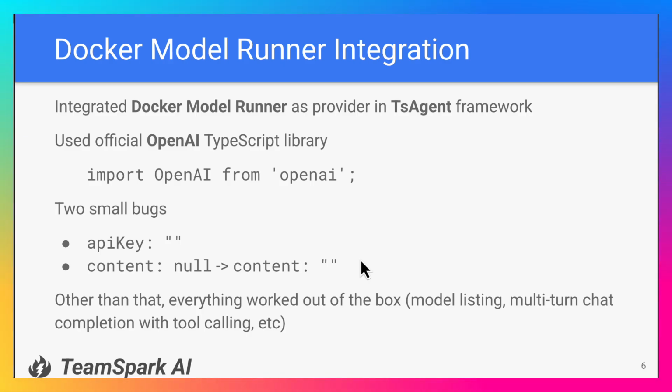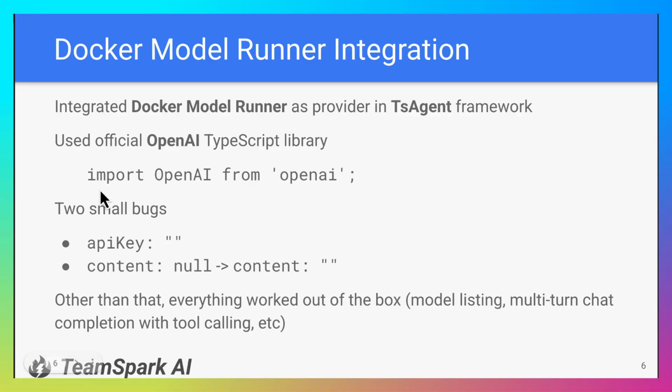Oftentimes they don't, especially with the smaller models. But in this particular case, the model returned content null, and when we piped that back into the conversation history, the model blew up because it can't handle null as a content value. So that's a little bit of an odd API implementation, that it emits something that it can't accept as content history. But the fix for that was just, if we ever got a content null, we just make it an empty string. So that was super simple.